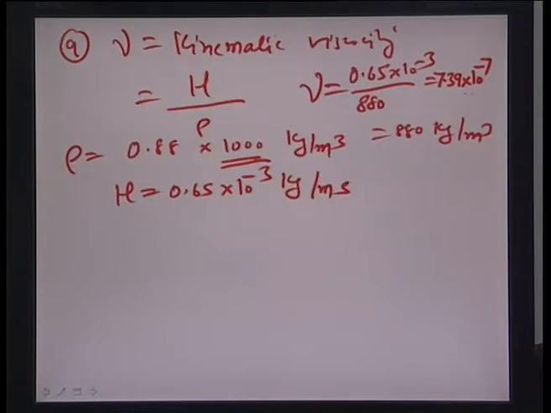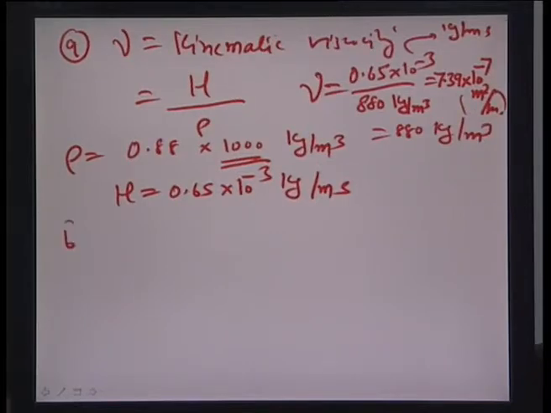And the units in this case: kg per meter second divided by kg per meter cube, we are left with meter square per second. That is what the units of kinematic viscosity are.